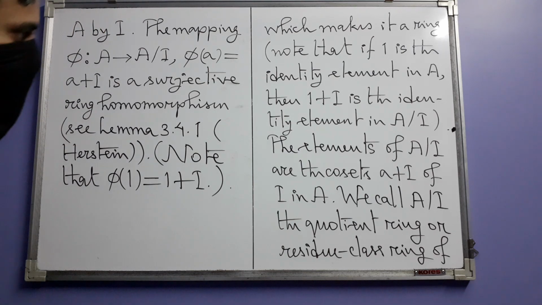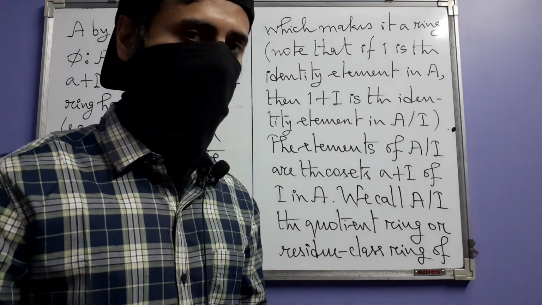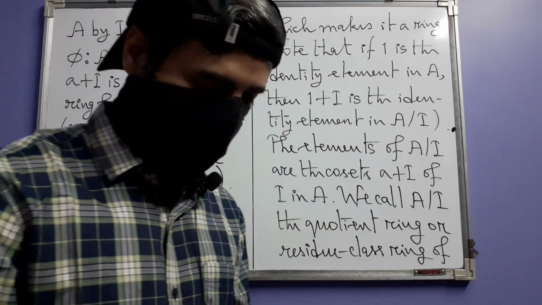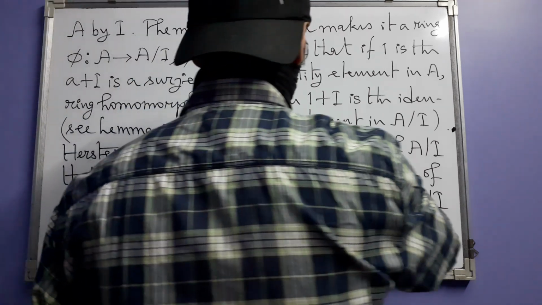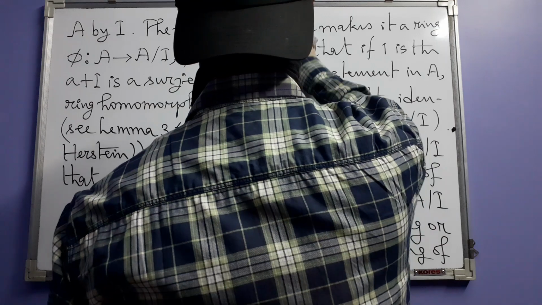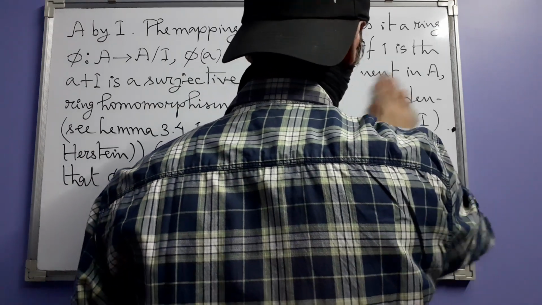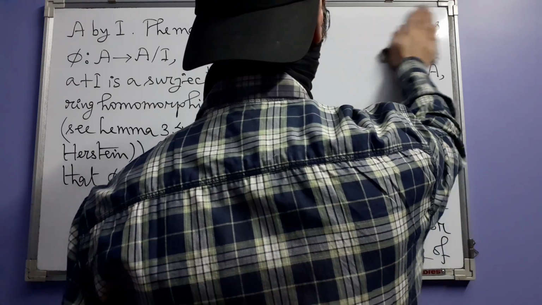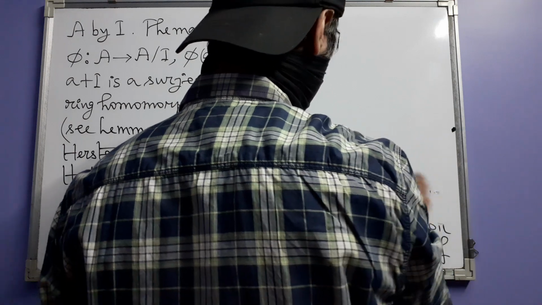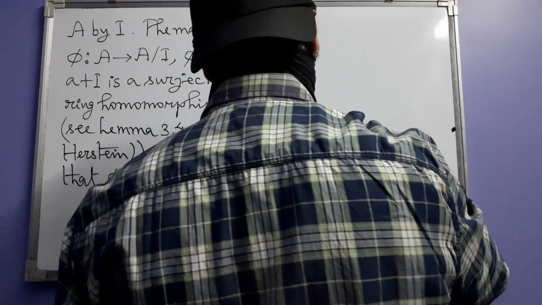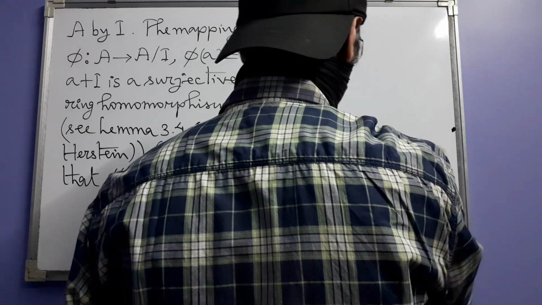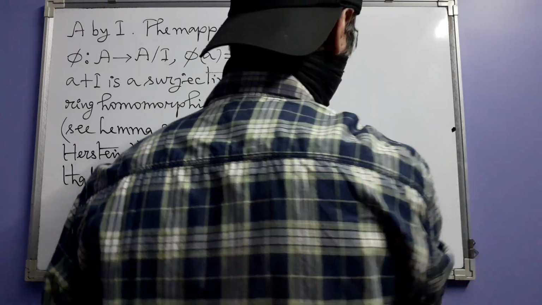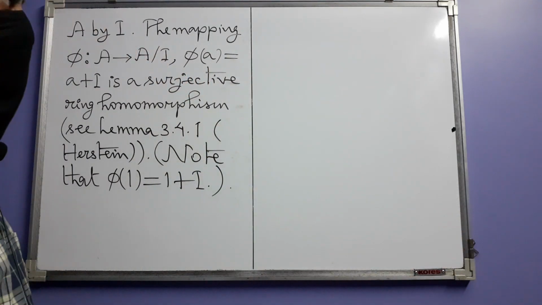And now next comes the correspondence theorem, which is also something we already know from Herstein. We are going to use this theorem left and right. Every time we link ideals of one ring to ideals of another ring, this theorem will appear in one way or another. So let's see the statement.